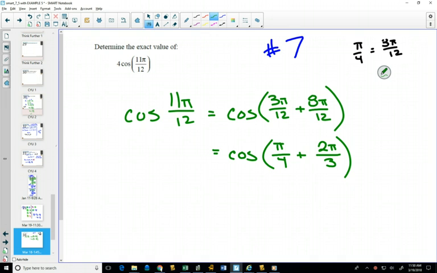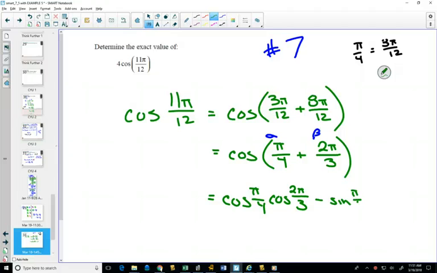And so now we have, this is our alpha, this is our beta. It's a cos alpha plus beta formula. So we go to our formula sheet. The cos alpha plus beta formula is cos alpha cos beta minus sine alpha sine beta. That's root 2 over 2.